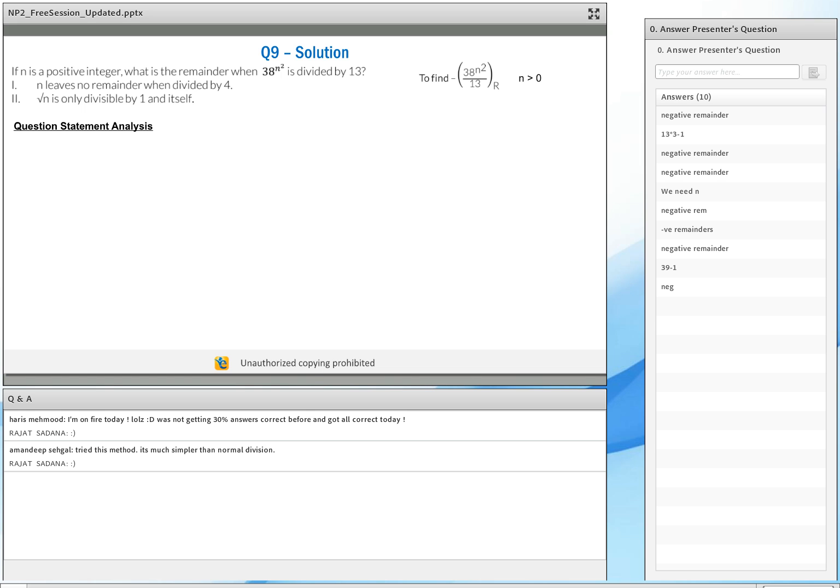What's been asked is we have to find the remainder when 38 to the power n square is divided by 13, where we know that n is greater than 0. Essentially, we can figure out the remainder of 38 divided by 13 to the power n square, which, if you apply the concept of negative remainders, 38 can be written as 13 times 3 minus 1, which means that the remainder is going to be minus 1 to the power n square.